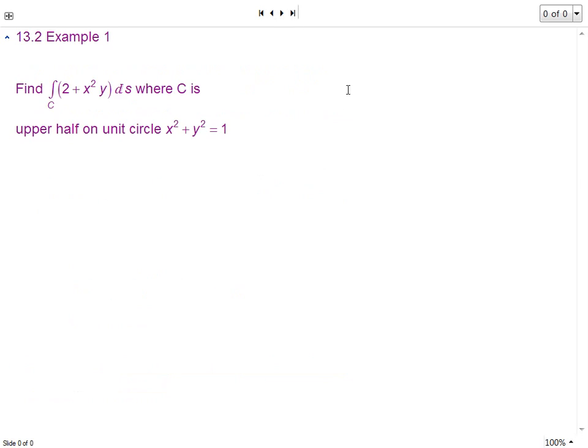So let's see if we can actually get our head around this with a problem, all right? A lot of times you work a problem out and it'll all start making sense, I think.